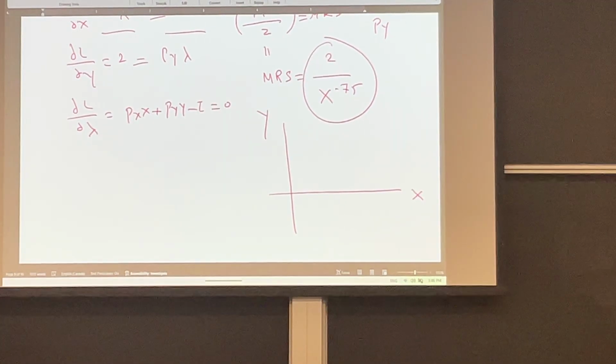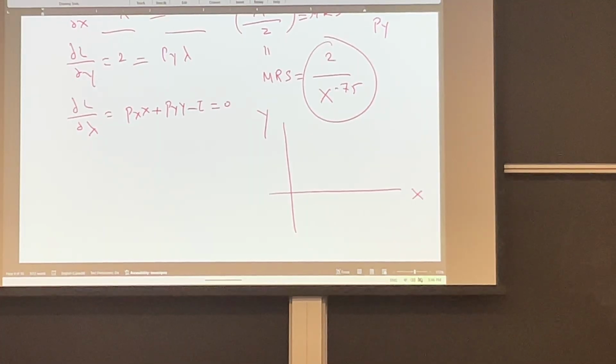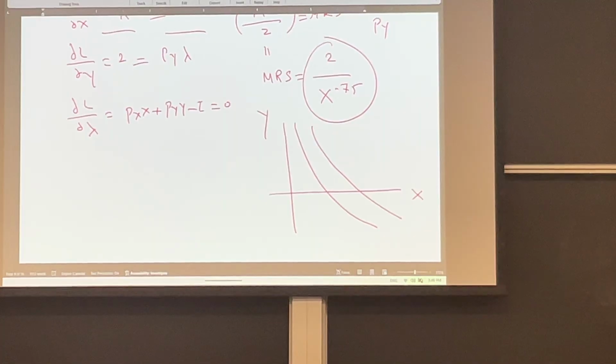The only difference is, in this MRS there is no y. So you get convex, smooth to the origin, regardless of what y is. Make sense? Y can be anything. I.e., the indifference curve can map into the fourth quadrant because there's no limit on y. If you take Cobb-Douglas, the MRS is this one.